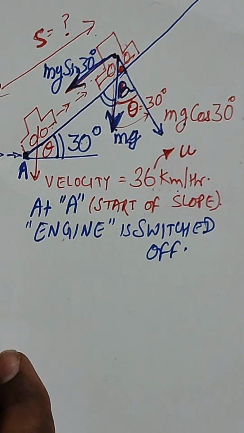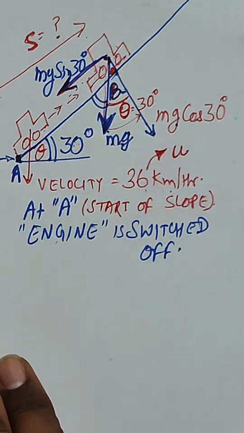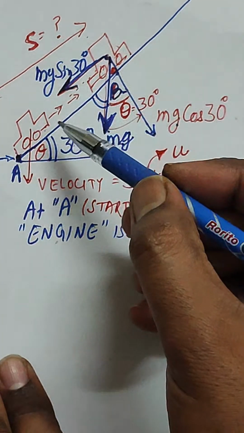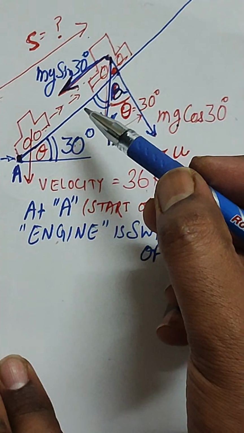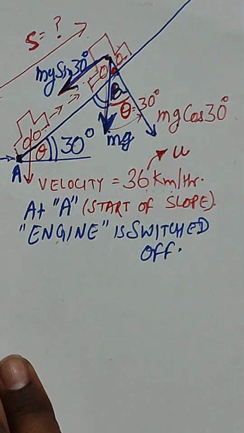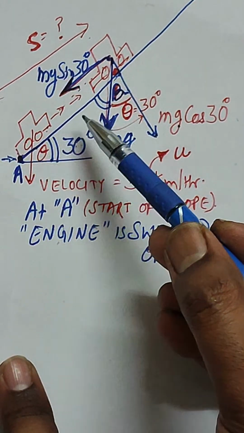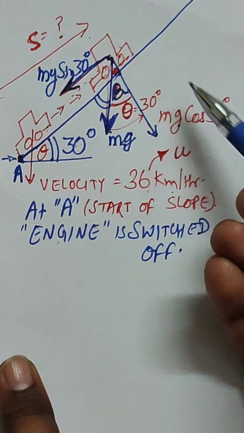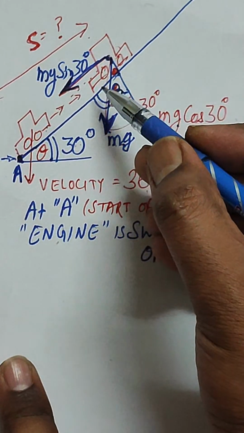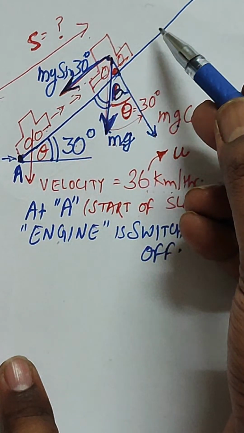Now we can do one thing. At this point the friction is also acting, because that friction is the only responsible cause due to which the car is stopped on this inclined plane. If that friction was not available, then definitely the car would be continuing on this slope. So the friction will be acting against the direction of the car.